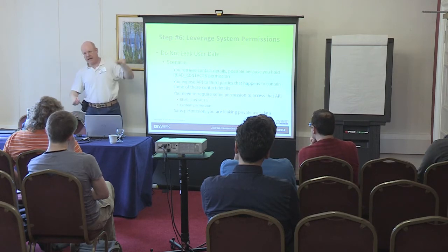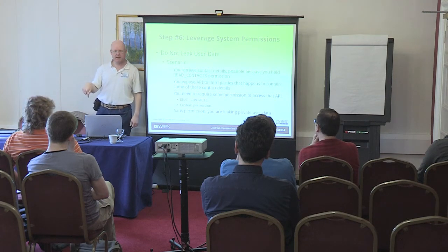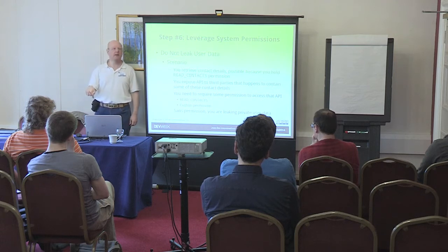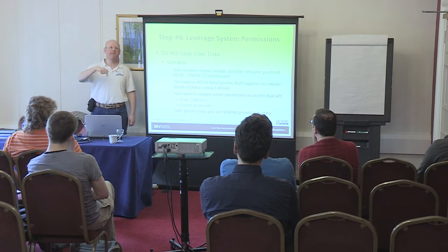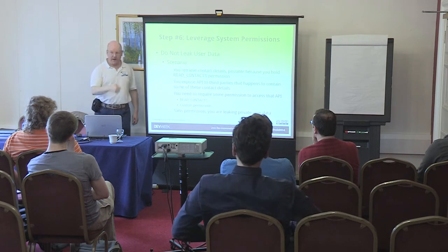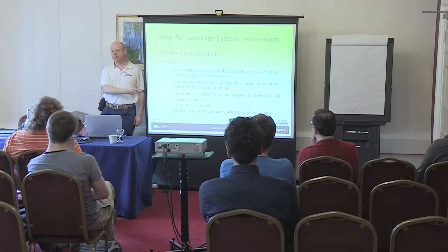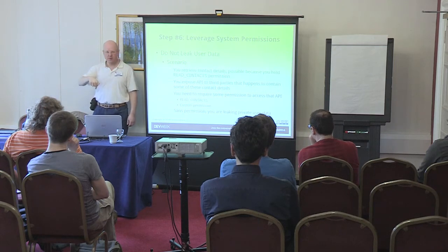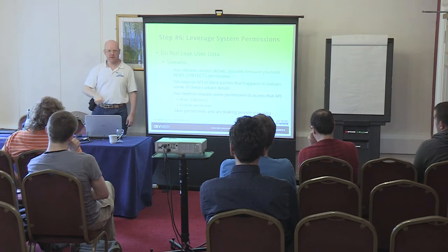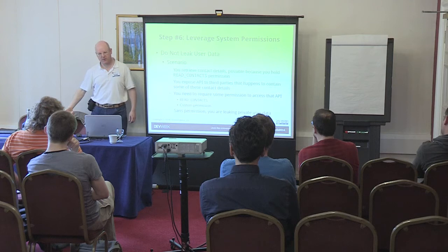Now they can get at contact information by talking to your app, even though they don't have read contacts. They don't have access to maybe everything in the contacts data, but they'll have access to whatever you're publishing. You should be defending your API either with your own custom permission or, if nothing else, with the same read contacts permission. That way, the user has got to know that, hey, that particular third party app is trying to access this data, and so they are aware of what's going on.